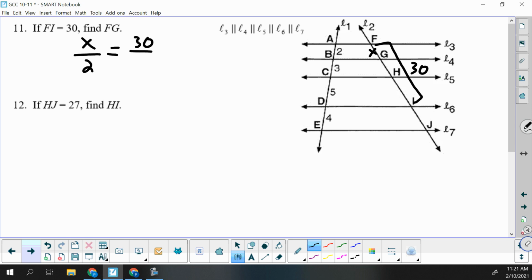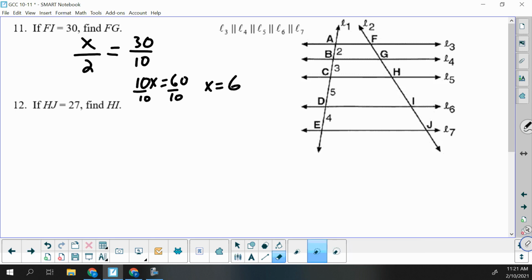That had 3 sections together, so that's got to match with those 3 sections. If we add those up, that's going to give us 10. Now just cross multiply, you get 10x equals 60. And when you divide by 10, you get x equals 6. X represented FG, and that's what we wanted to find.